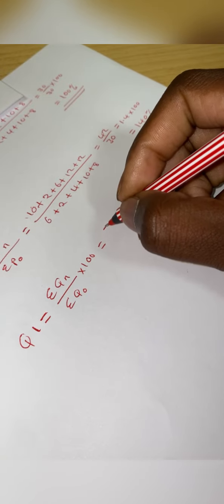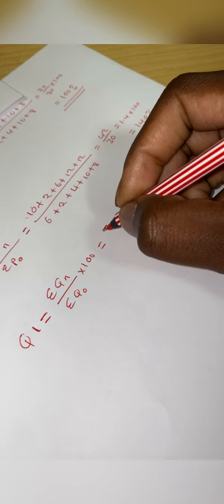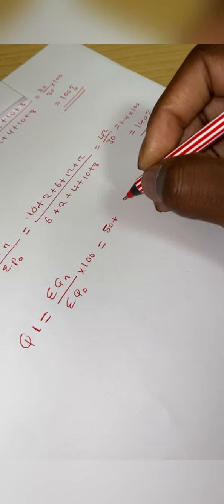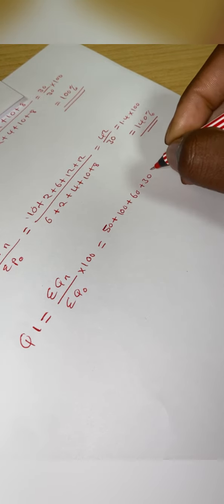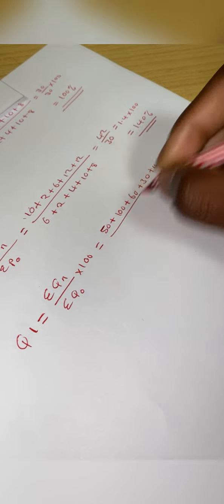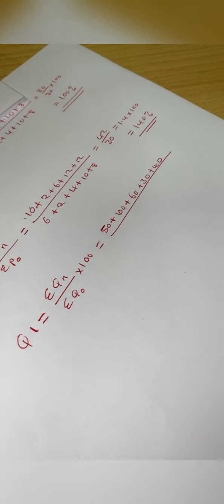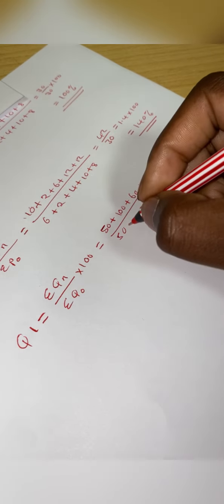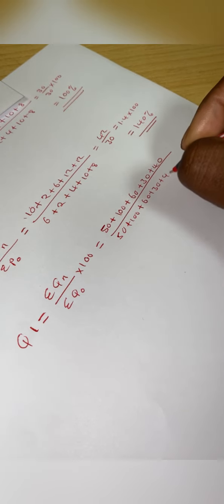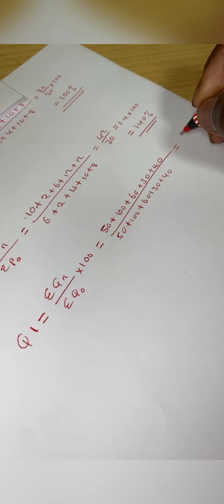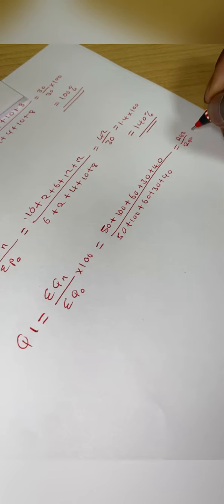When I add what I have in the column for quantities in 1995, there's 50 plus 100 plus 60 plus 30 plus 40. Then for the base year, which is still the same, 1995, we add what we have. So it's giving us 280 over 280, which is going to give us 1.